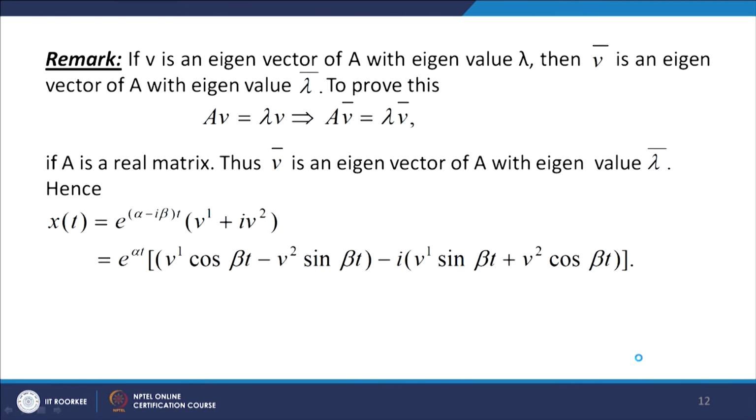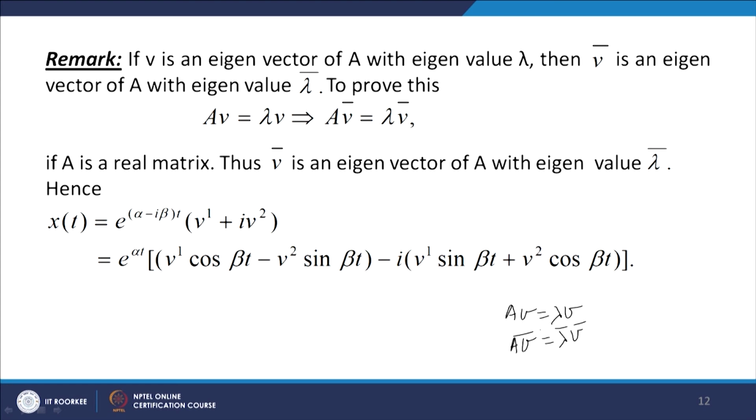Now, let us note the following: if B is an eigenvector of A with eigenvalue lambda, then B bar is an eigenvector of A with eigenvalue lambda bar, if A is a real matrix. So, if you have AB = lambda B, then we can see A bar B bar = lambda bar B bar.